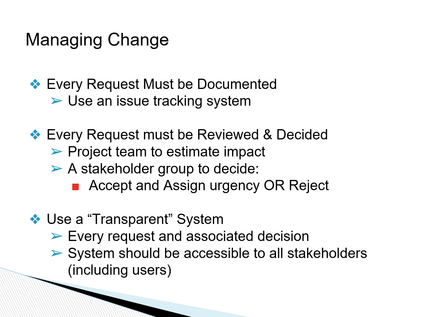Then the project change management board, which typically consists of various stakeholders, needs to decide whether or not to accept the request. And if they do accept it, assign a priority to it of how urgent it is. Alternatively, they can reject the request.